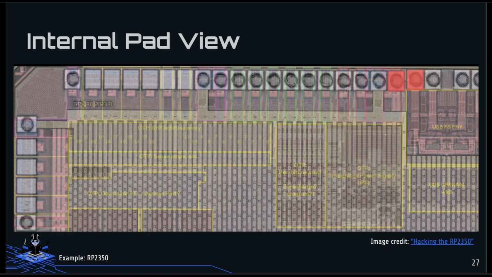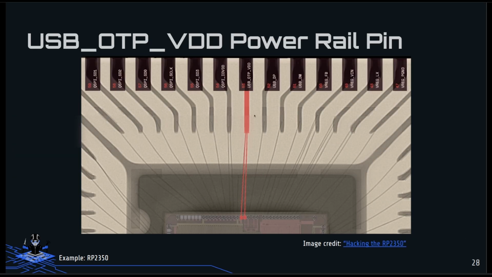There are these pads right here that are above the OTP IPS and also right next to the USB interface. And if we zoom out a little bit more, we can see that there are bonding wires that take those two internal pads and attach them to a single pin external to the chip. This is labeled in the datasheet as the USB OTP voltage rail, VDD.